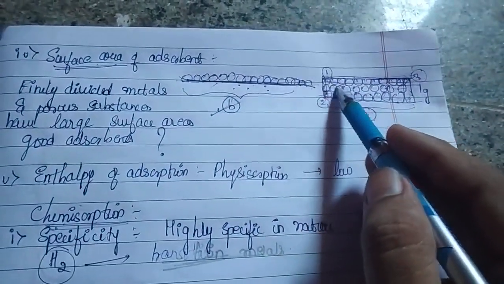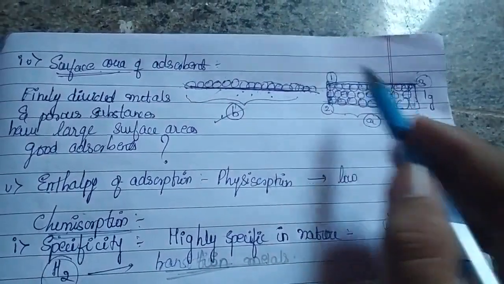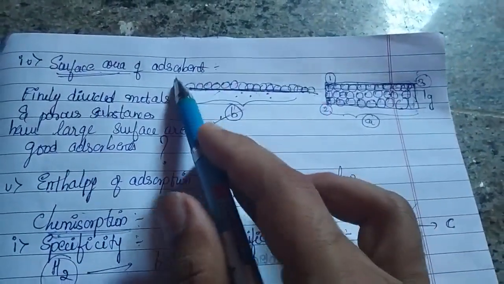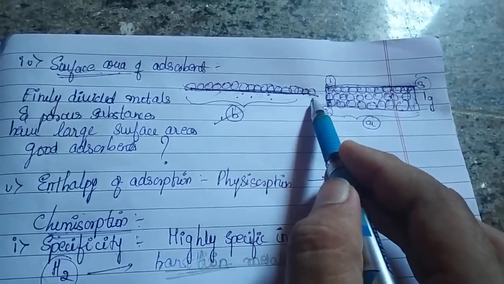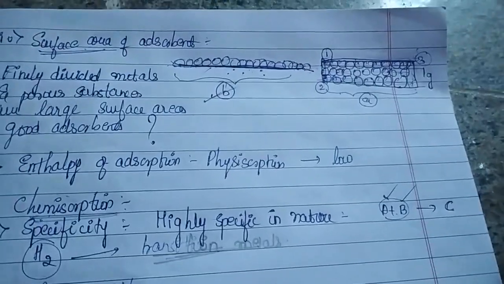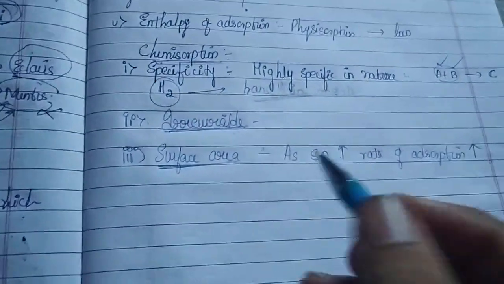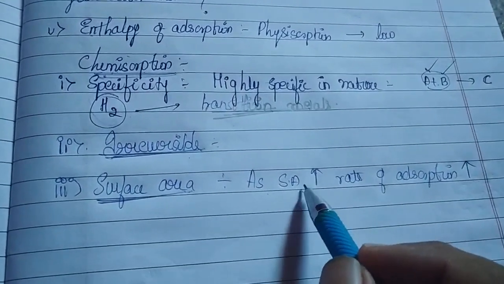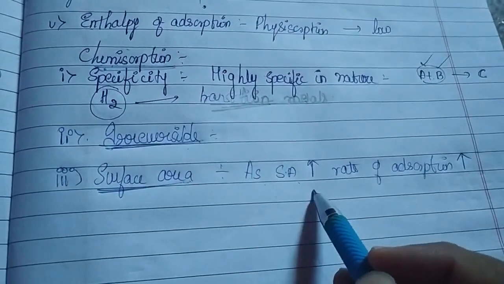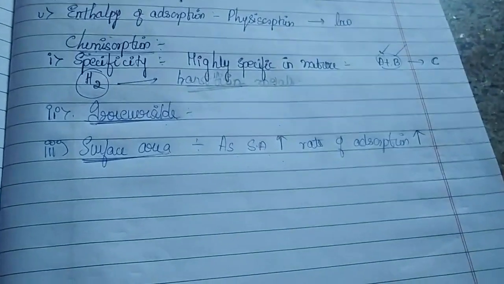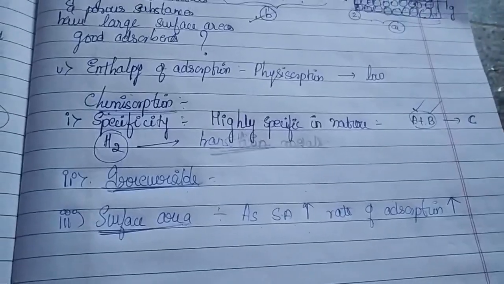The layer which was at the center will also get exposed to the surface. So as the number of molecules having residual force increases, the extent of adsorption also increases. The same concept is over here. As the surface area of the adsorbent increases, the rate of adsorption also increases.